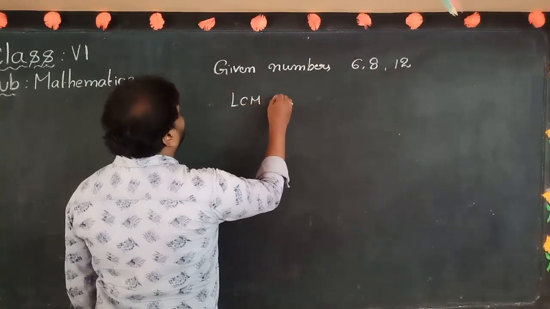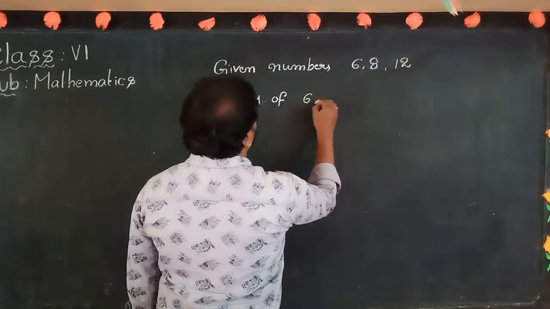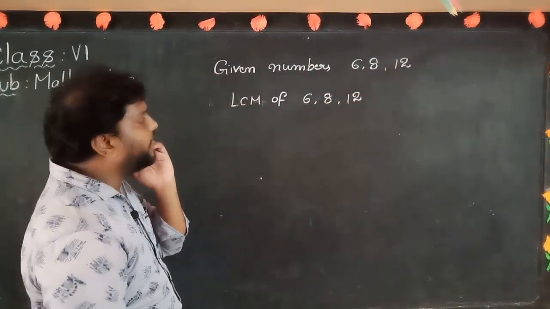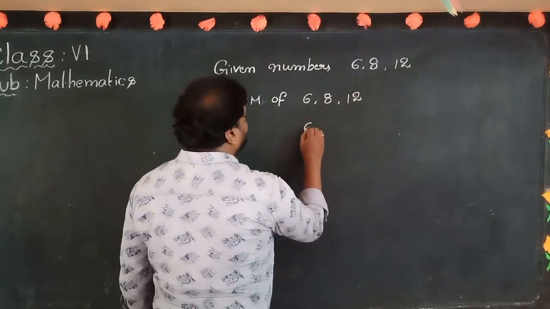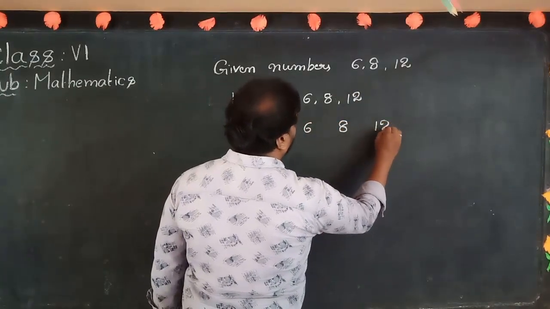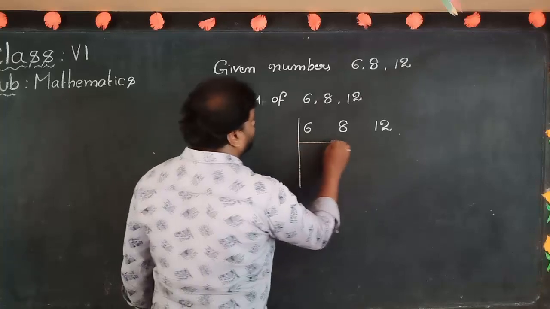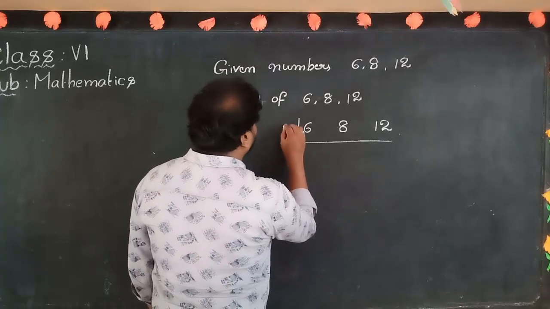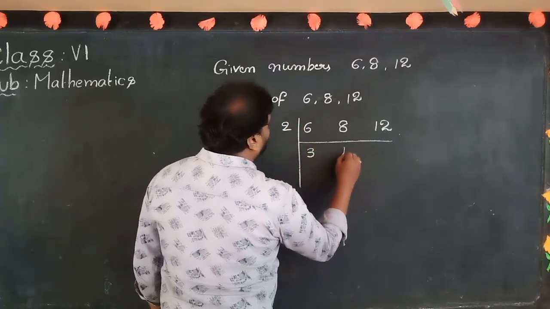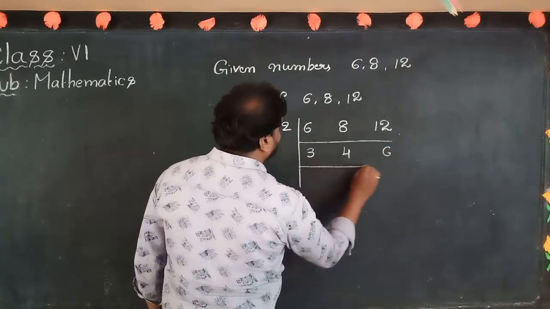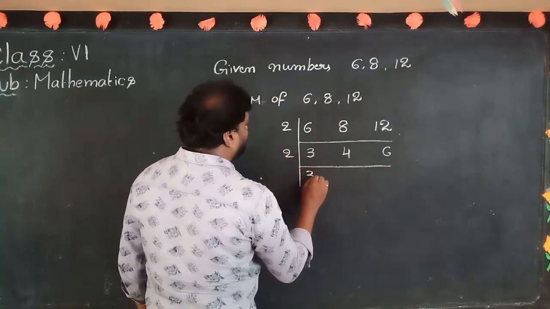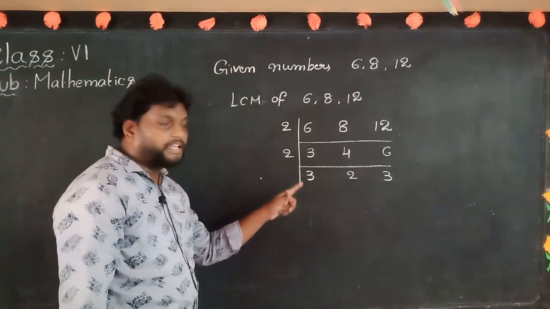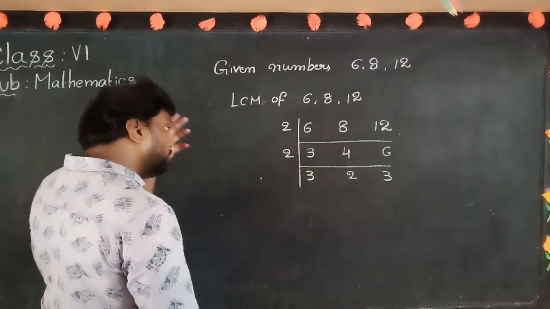LCM of 6, 8 and 12. First of all, to find the LCM value of 6, 8, 12, you can use any method, but the division method takes very little time. 2 3s are 6, 2 4s are 8, 2 6s are 12, then 2 1s are 2, 2 3s are 6... yet 3 is not possible, that's why write it like that only, don't do division.